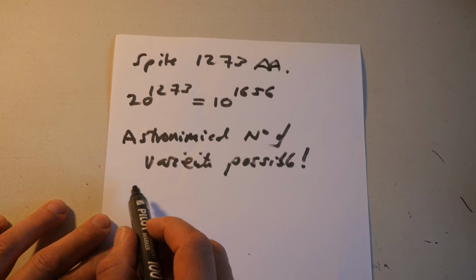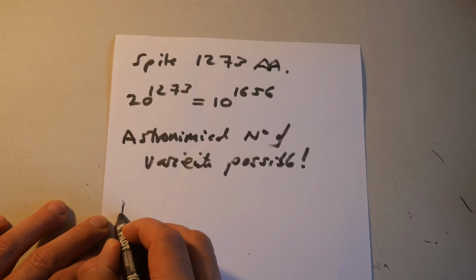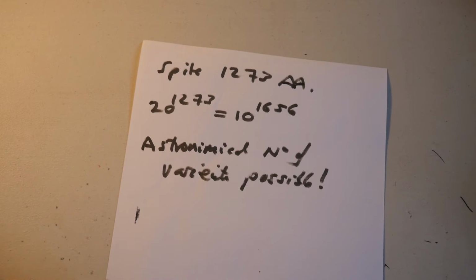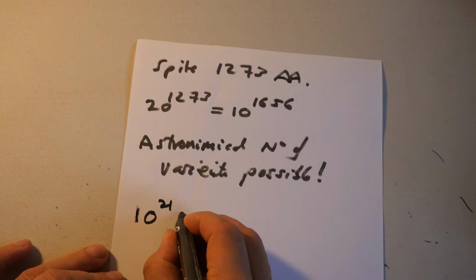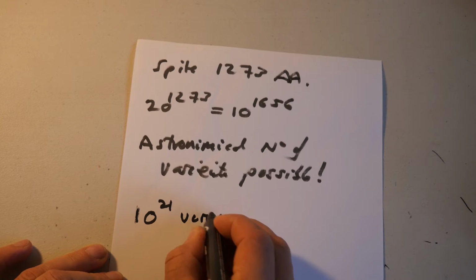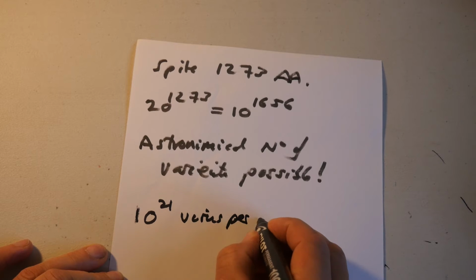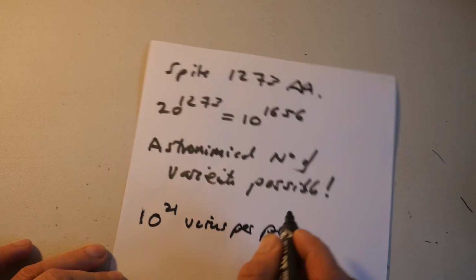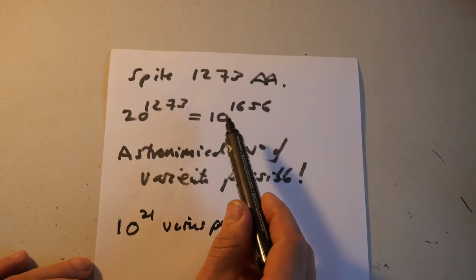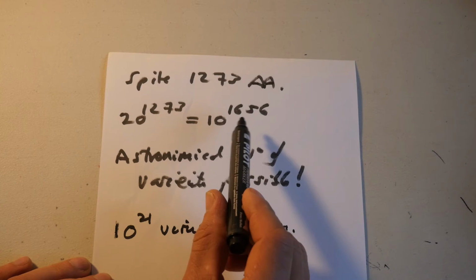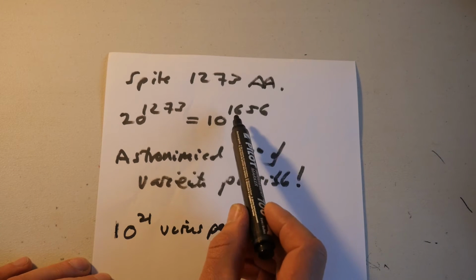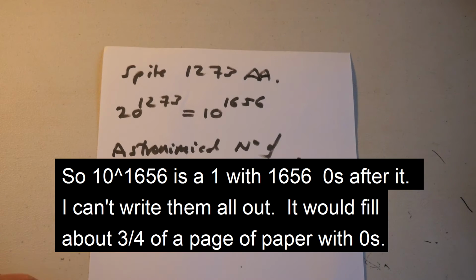I mentioned in the early video how there are 10 to the power of 21 viruses per person. Okay, that's a big figure, but this is an even more astronomical figure. So that's just for this coronavirus: 10 to the power of 1600 possible varieties, which is huge.